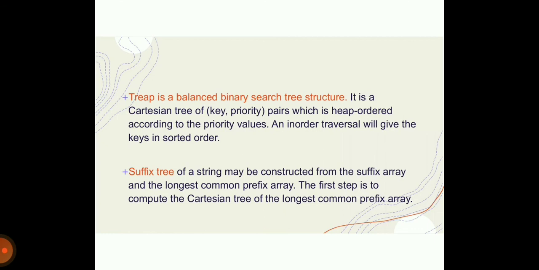Then the third important application is in the treap. What is a treap? A treap is a balanced binary search tree structure. It is a Cartesian tree which consists of key and priority pairs, which is heap ordered according to the priority values, and in order traversal will give the keys in sorted order.